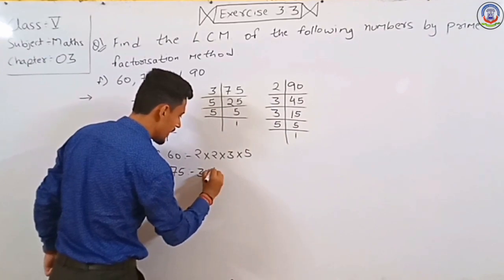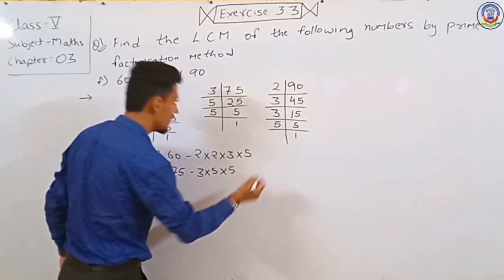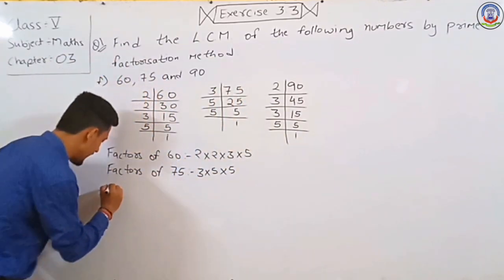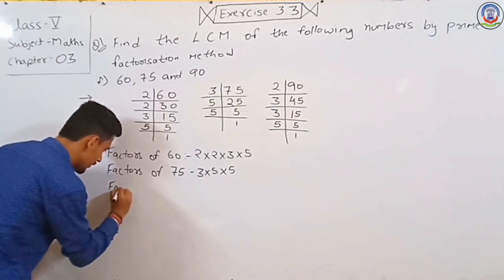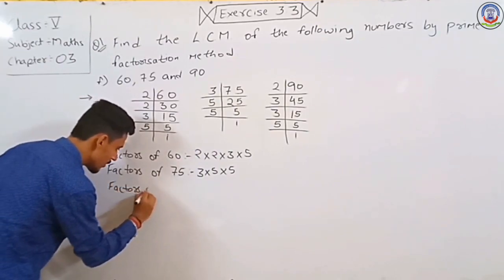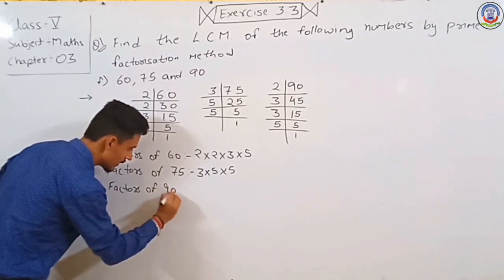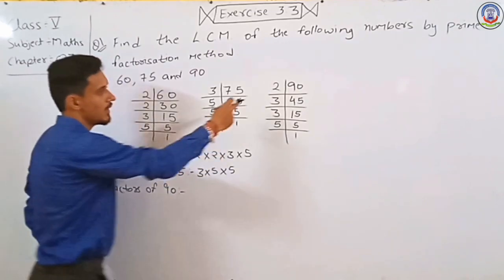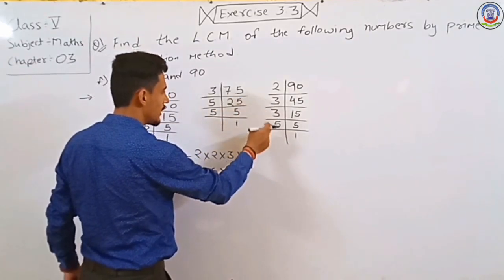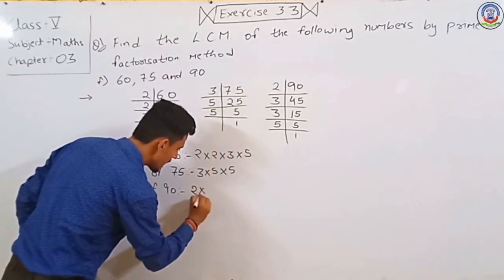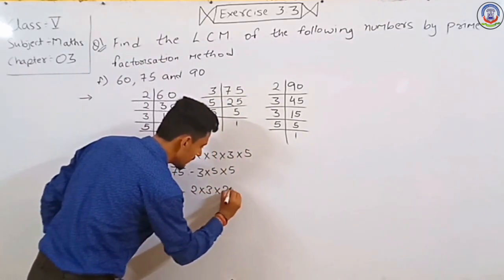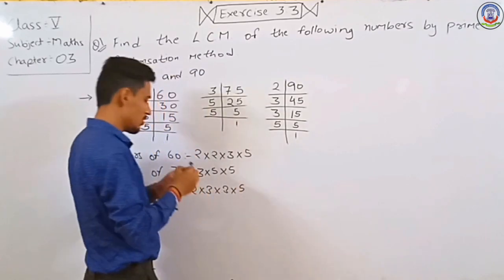Next we have factors of 90. What we have: 2 multiply 3 multiply 3 multiply 5.